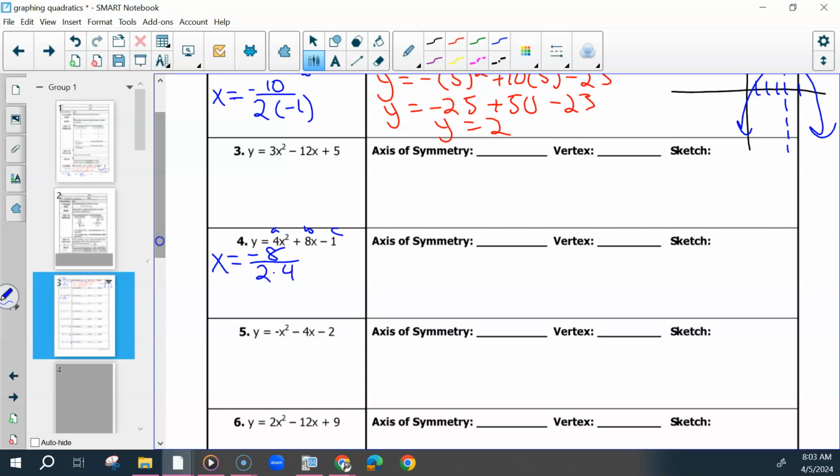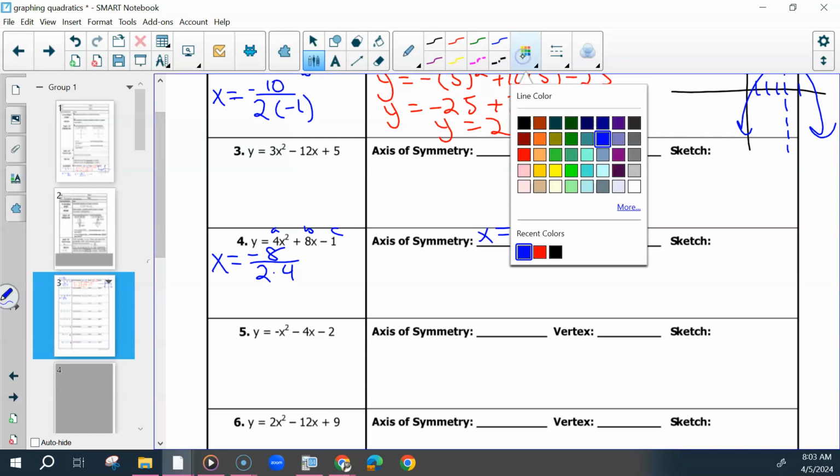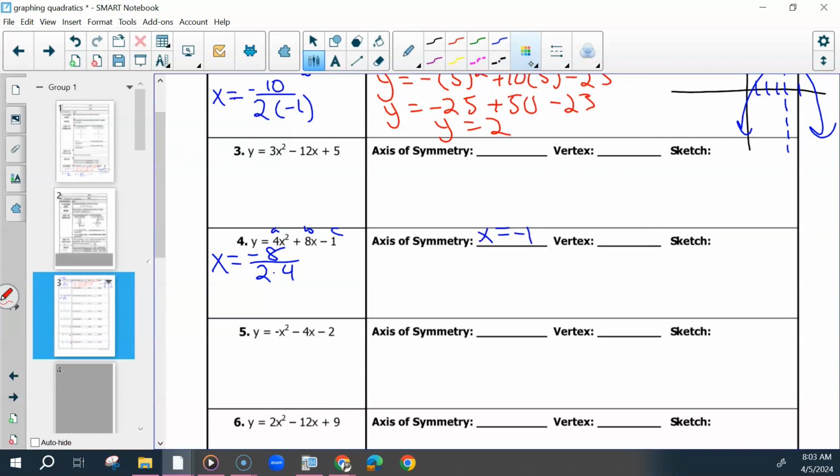2 times 4. So what would that axis of symmetry be? Negative 1. X equals negative 1. And then go ahead and start finding your y value for your vertex.